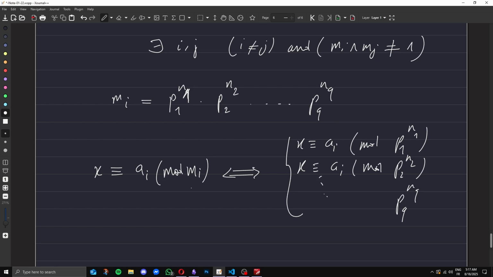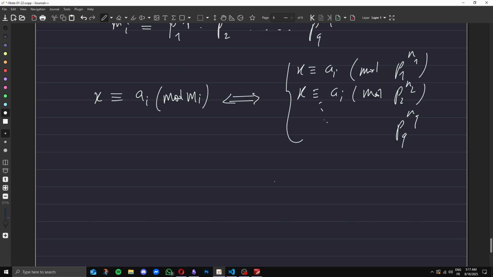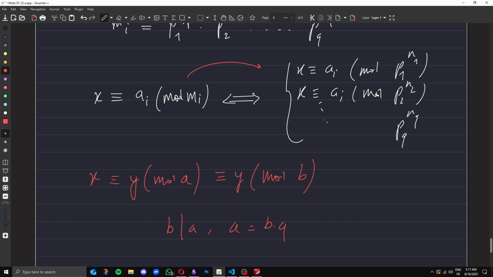Now this makes sense because going from here is easy, because if you've got x is congruent to, let's say, y modulo a, and b divides a, meaning a can be written of the form b times q, this means that x is also congruent to y modulo b. Makes sense, right? Because don't forget, congruence means x equals y plus a times a certain integer k.